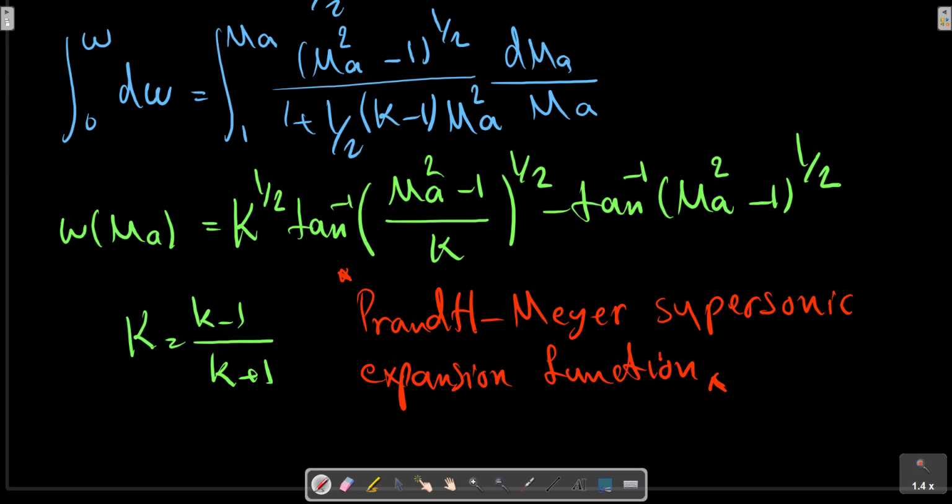Which can also be plotted in the diagram. The angle omega changes rapidly at first, and levels off at high Mach number to a limiting value when the Mach number tends to infinity.